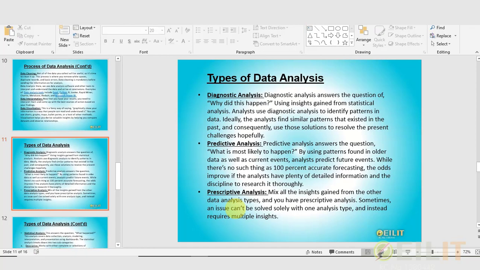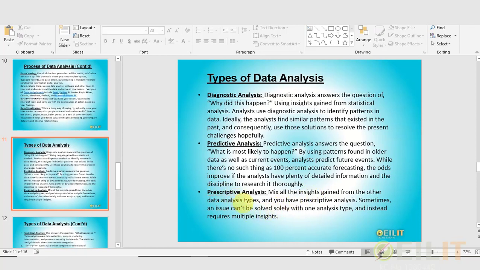Since there's no such thing as 100% accurate, we are trying to make some forecasting and improve the odds and get plenty of information. It is very important for researchers. So predictive analysis is used majorly for forecasting. You study past events and use them to predict some of the future events that may happen.